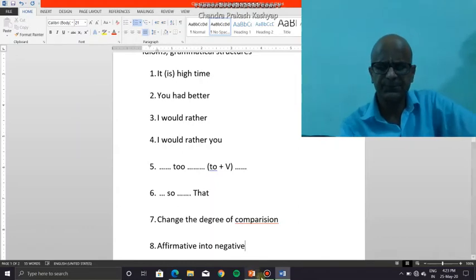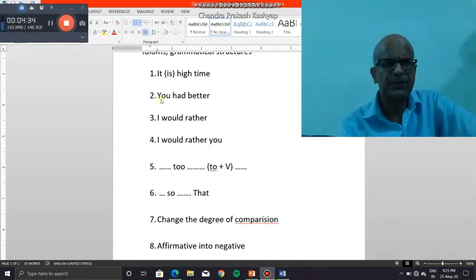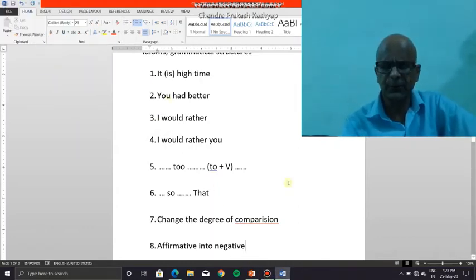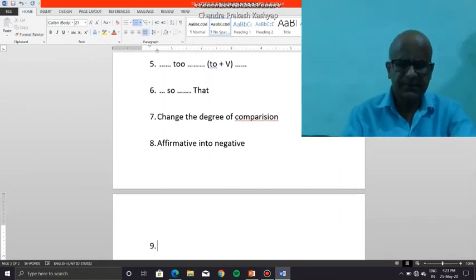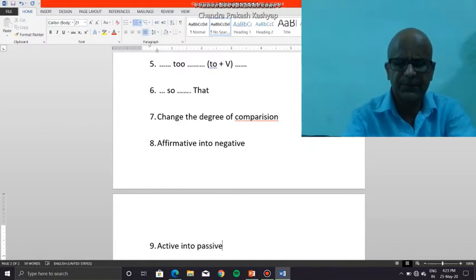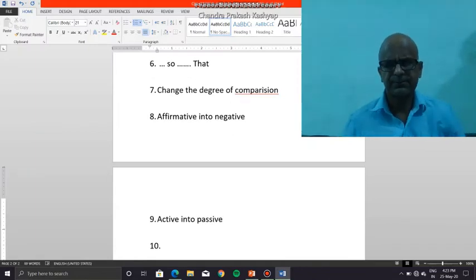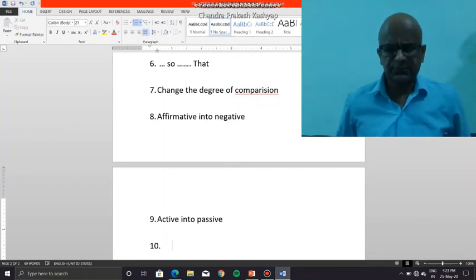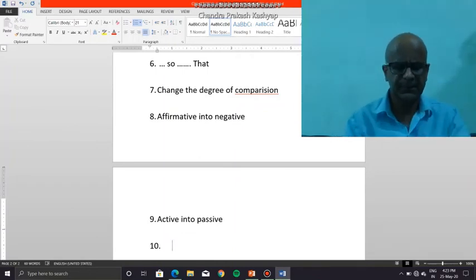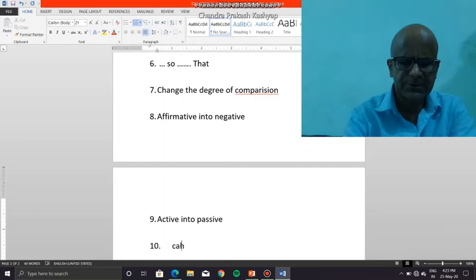For example, you may be asked to change an affirmative into a negative, or active into passive, or say, for example, change the narration.